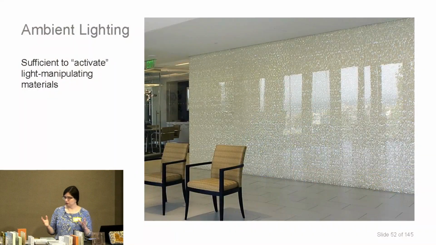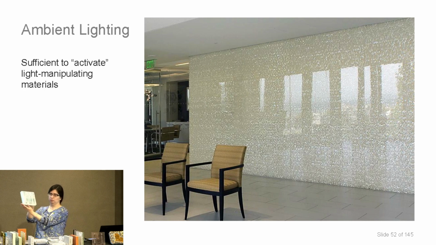Since we are talking about light manipulating materials, the type of lighting that they're in, of course, is important. Ambient lighting is generally enough for the light filtering materials, as well as for the interactive materials. They're just meant for regular everyday indoor lighting when you're in a room, or just regular daylighting.